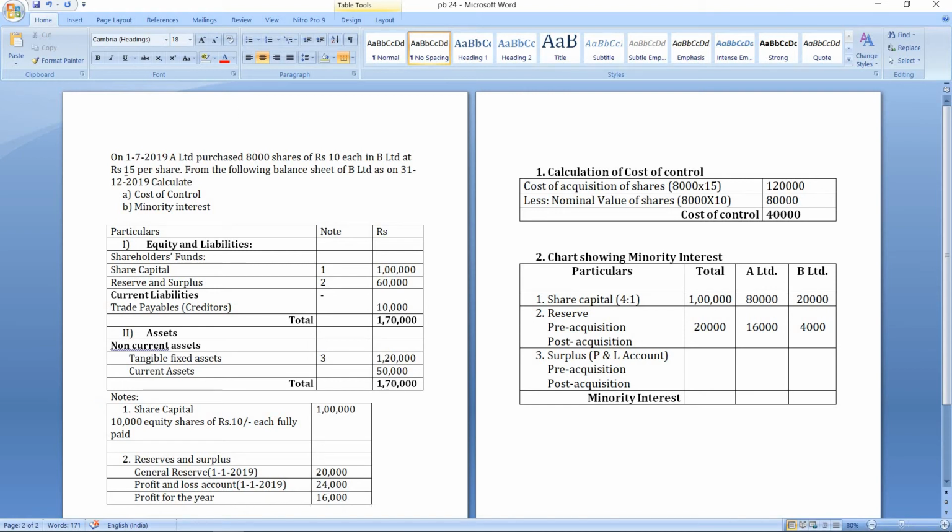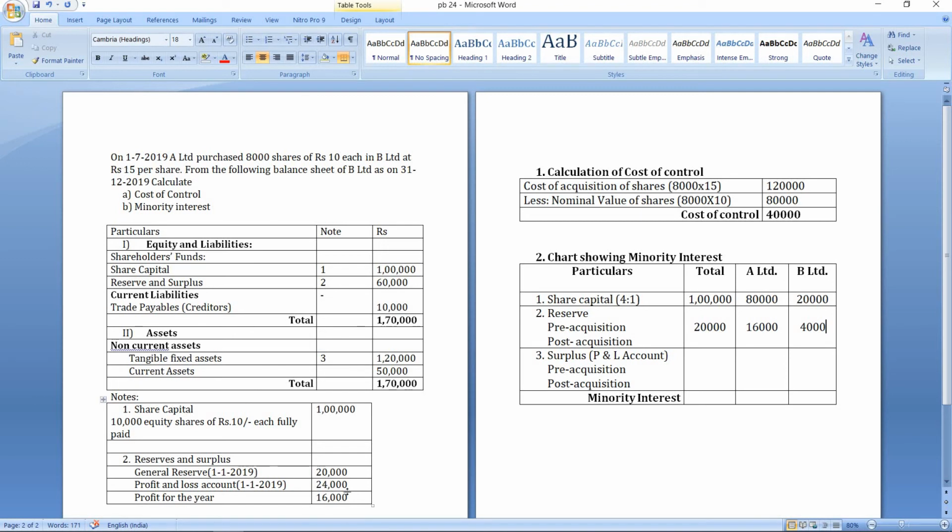So profit earned from 1st January 2019 up to 1st July 2019 will be pre-acquisition profit, and the profit earned after 1st July 2019 will be post-acquisition profit.